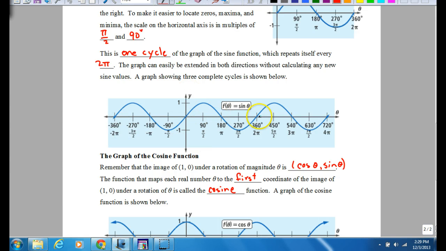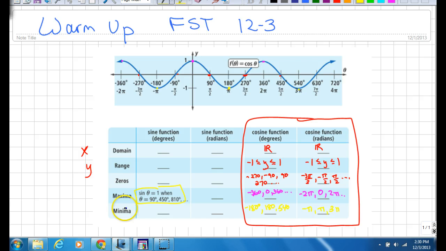Where is it maximum on here? Yeah, so at 90, the sine wave is at 90, 450, and -270, right? For the sine wave. So if I go back to our other one here, 90, 450, 810.